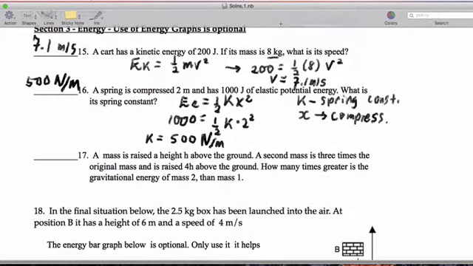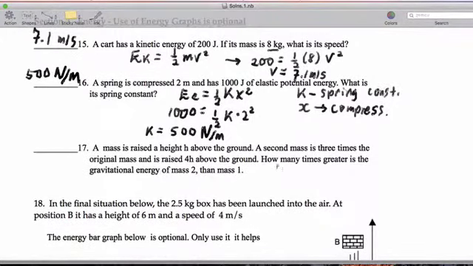Next, we have this mass raised to a height above the ground. We have a second mass raised 3 times the original height, and we're trying to compare these two energies. So again, let's talk about mass 1, mass 2, and label things carefully. For mass 1, its gravitational energy is going to be mgh.